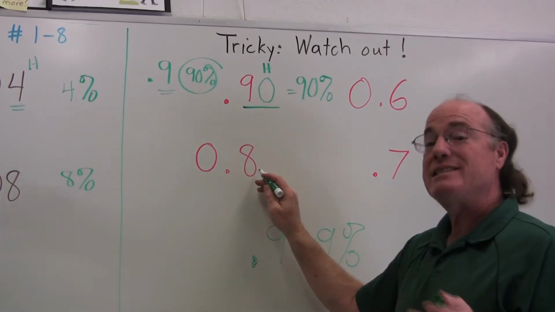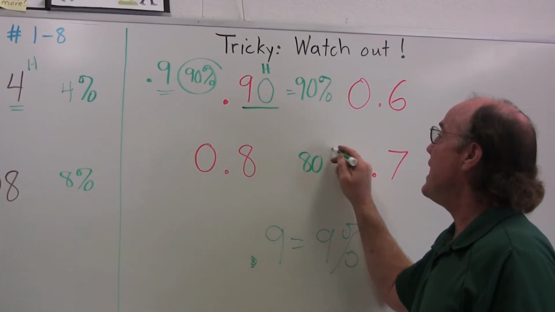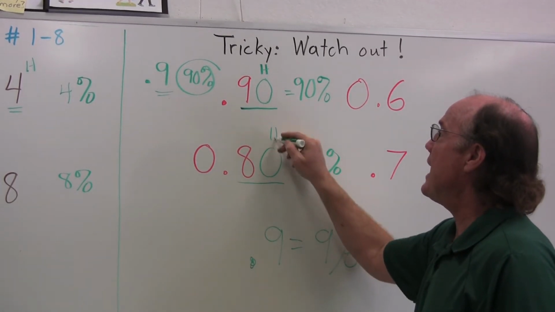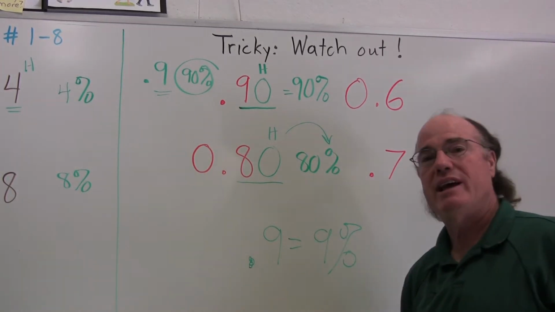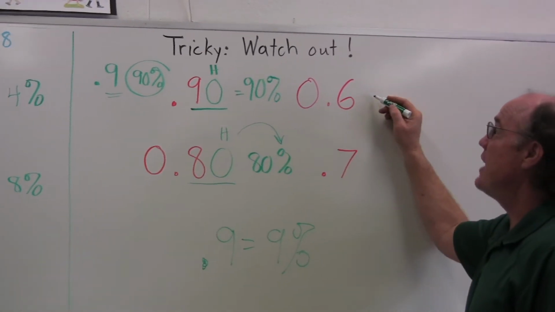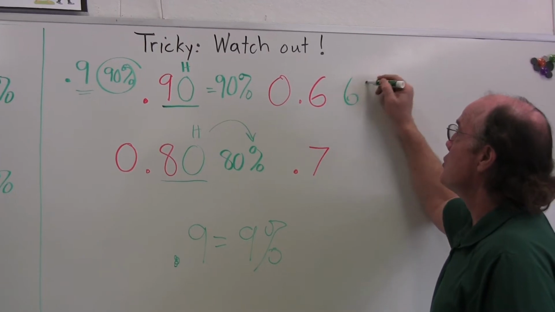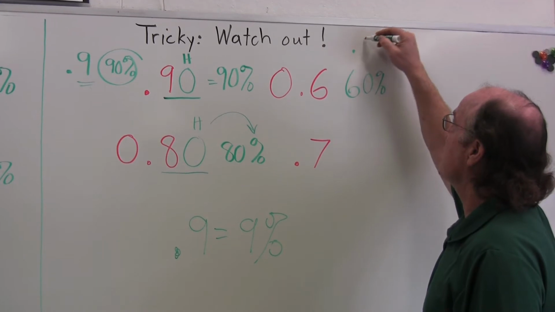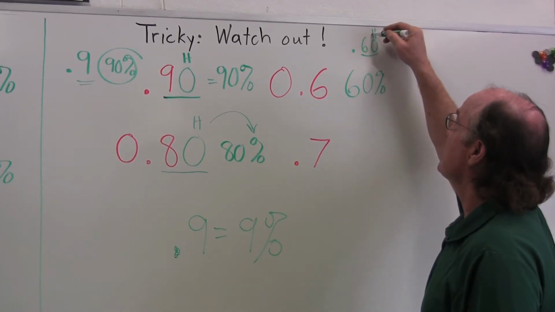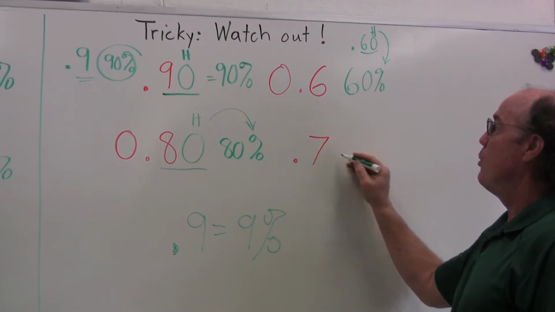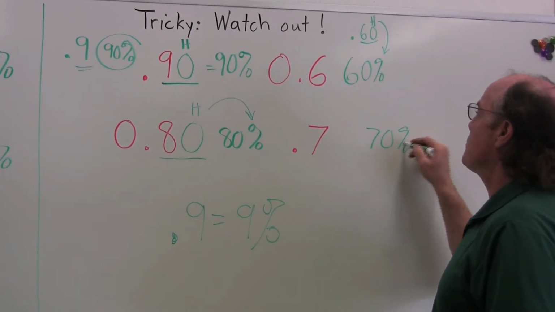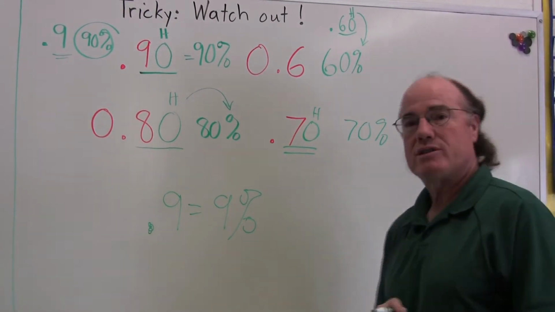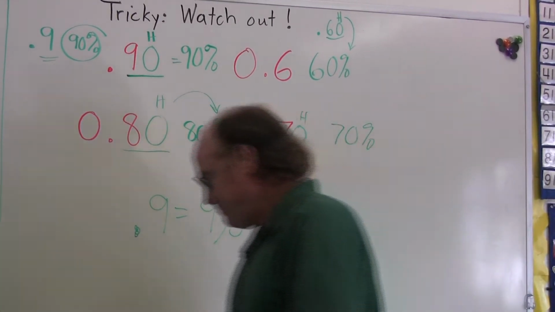You can either say 8 tenths is 8 dimes, or 0.80, 80 hundredths is 80%. 6 tenths is 6 dimes, 60%. Or, if we want to make 0.6 into hundredths, 60 hundredths is 60%. 0.7, 70%. 7 dimes, or 70 hundredths. Okay?